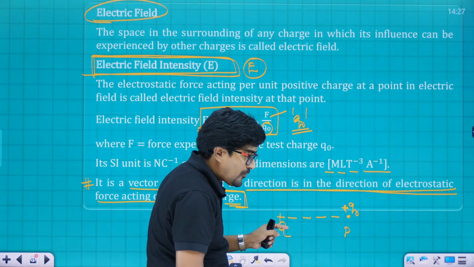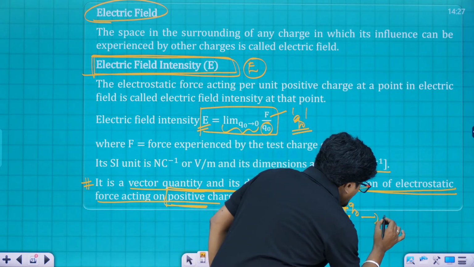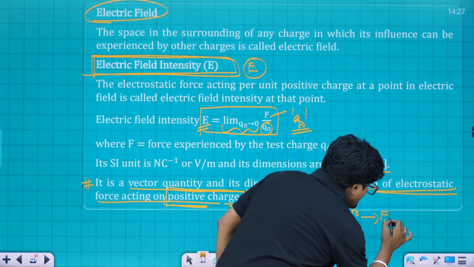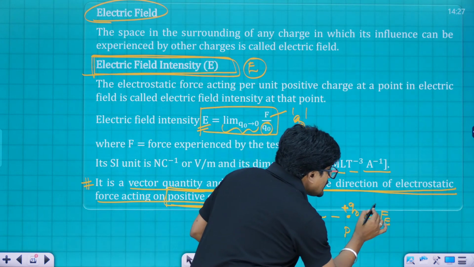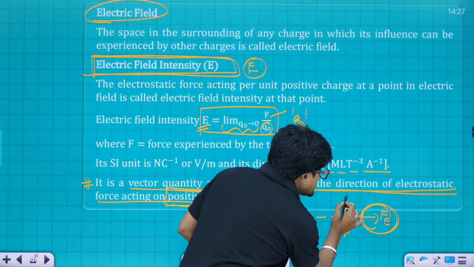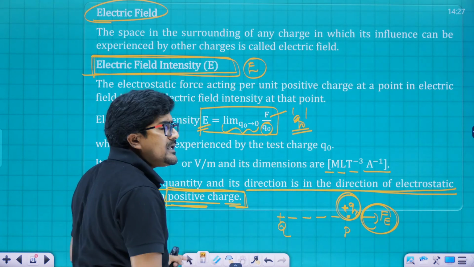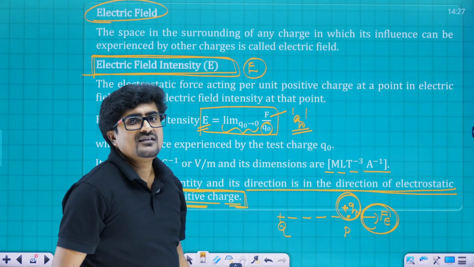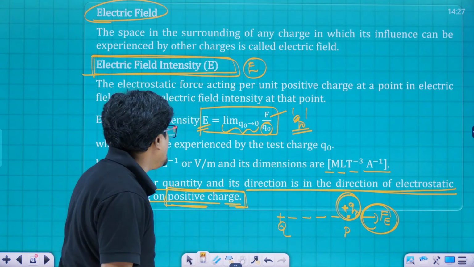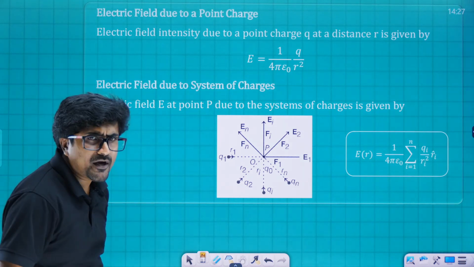Since this is positive, definitely this is going to be the electrostatic force of repulsion. So the direction of the force experienced by this test charge, exactly the same is going to be the direction of what? Electric field. Okay, so that is a very important point, very important point.